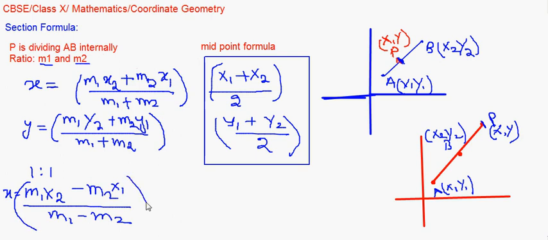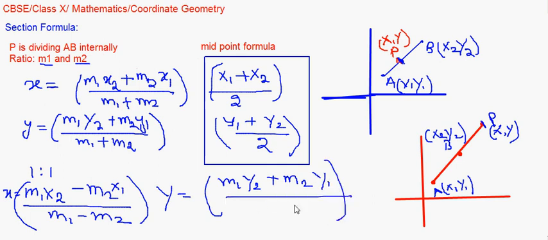This gives the x coordinate when P is dividing AB externally, and the y coordinate is given by (m1 y2 plus m2 y1) by (m1 plus m2). Oh, I'm so sorry, this will be all minus when it is externally dividing.